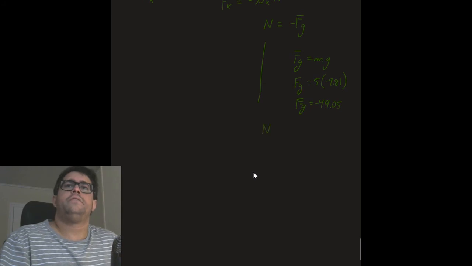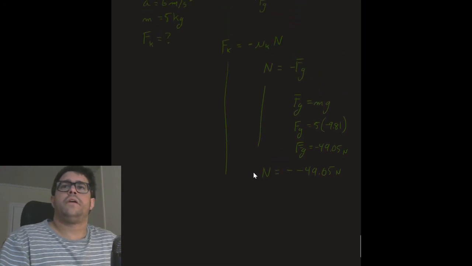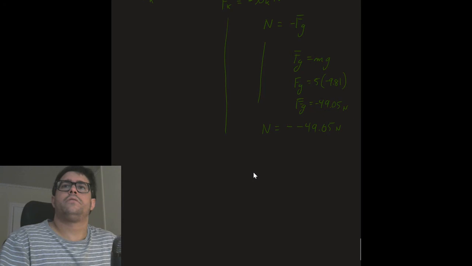And then we say that n is equal to minus 49.05 newtons. And then Fk finally is minus, so what's the coefficient? Wait.